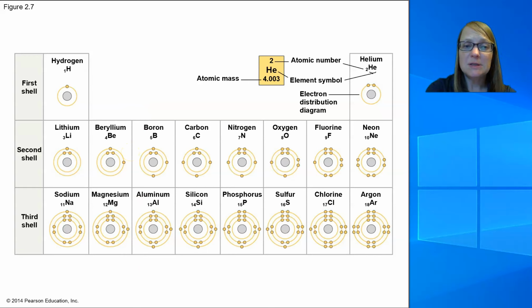Okay, now this particular periodic table shows you electron distribution diagrams. Those are those funny concentric circle looking things. So first of all, we have to determine, how can we tell how many electrons each atom has? We haven't talked about this yet. When you're looking at atoms of elements on the periodic table of elements, they are all in what we call their elemental form, which means that all of these atoms are neutral in their charge.